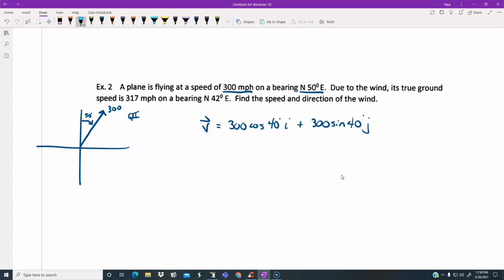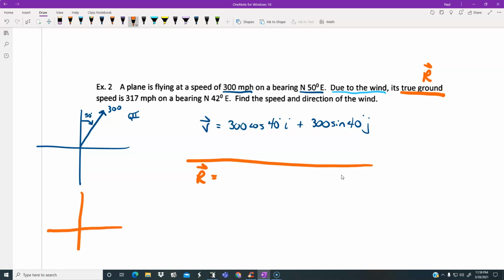Now it says in the next part, due to the wind, its true ground speed. If I say true ground speed, they must be talking about the resultant vector. So there's a missing component in between. The wind isn't there, but the resultant ground speed turns out to be 317 at a bearing of 42 degrees.